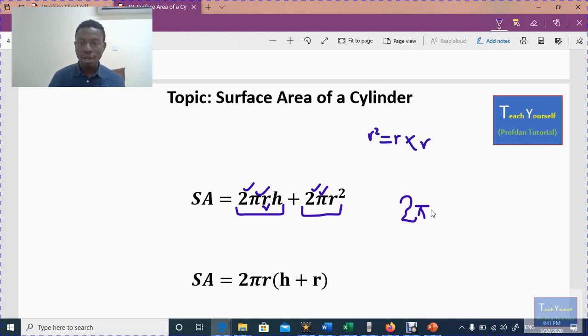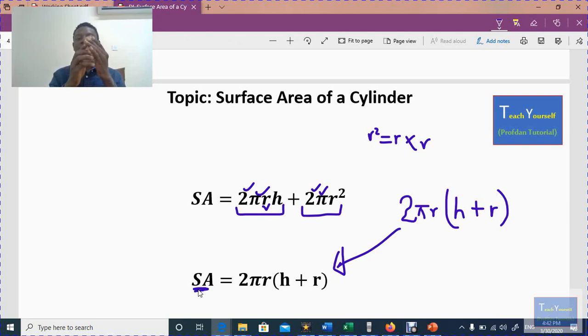So if I take out 1 r, I'll be left with h in the first term, and from the second term, I'll be left with 1 r from this r squared. So this is the simplified formula for finding the total surface area of a cylinder. It's as simple as that. Cylinder, one circle, another circle, making two circles, and the curved part, which is a rectangle.